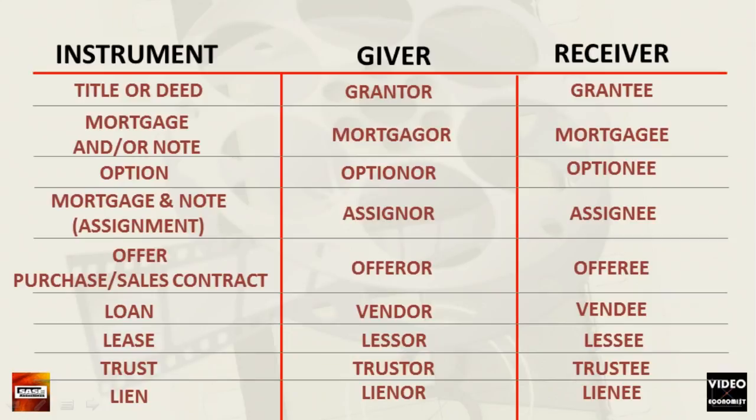The receiver, that's the end recipient, so that name ends with a double E. Easy way to remember this. So if the instrument of, say, a title or deed is given by a grantor to a receiver known as the grantee.